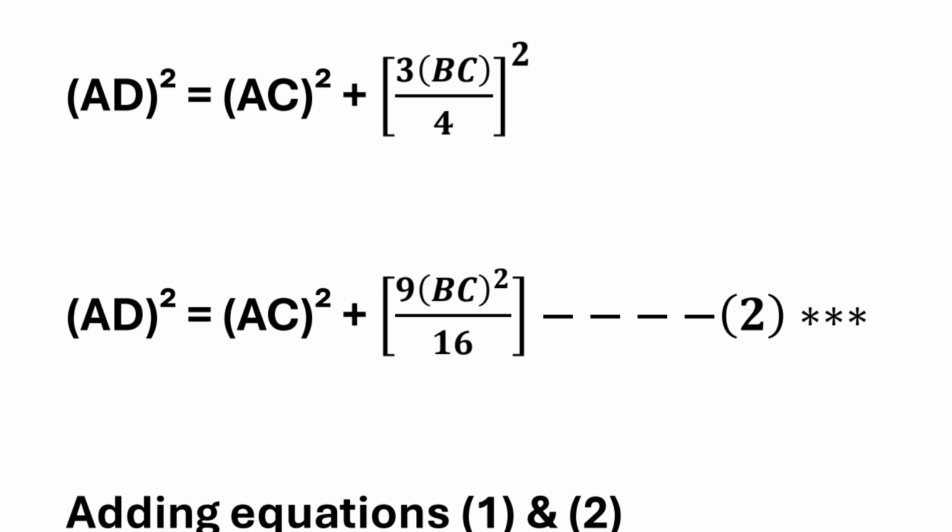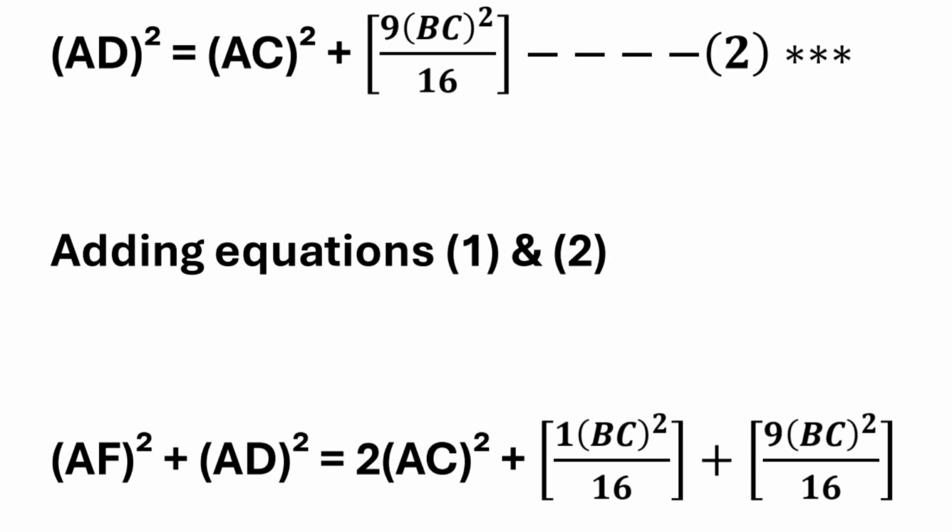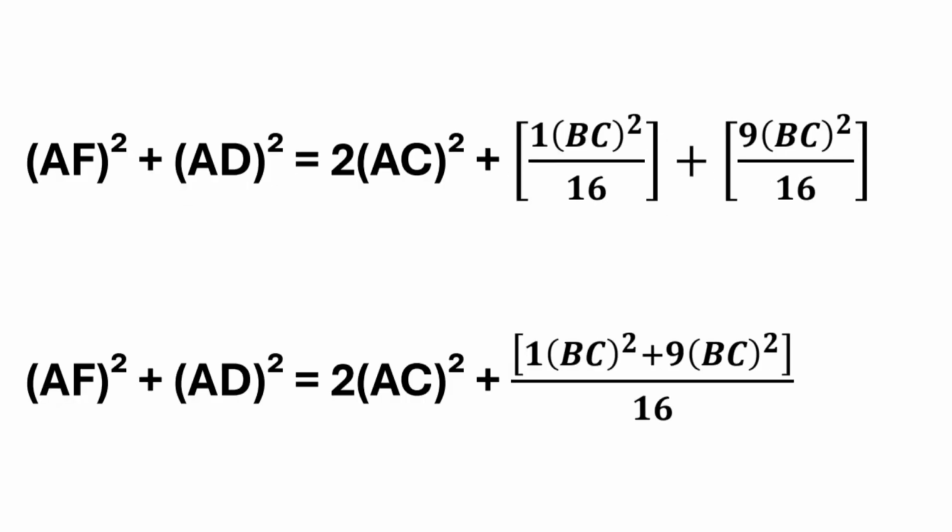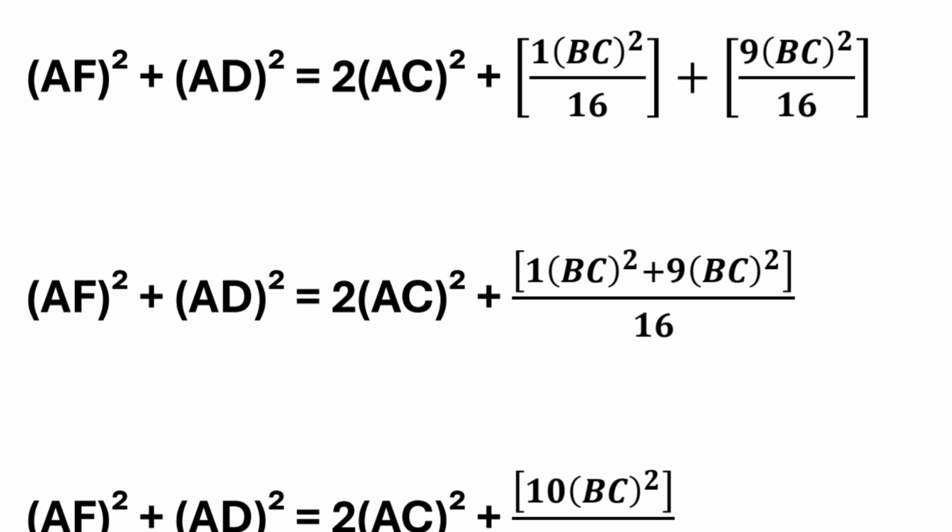Now adding equation 1 and 2, left side to left side and right side to right side. On the left side we add AF square plus AD square. The right side is AC square 2 times, so we write 2 AC square plus 1 BC square upon 16 plus 9 BC square upon 16.